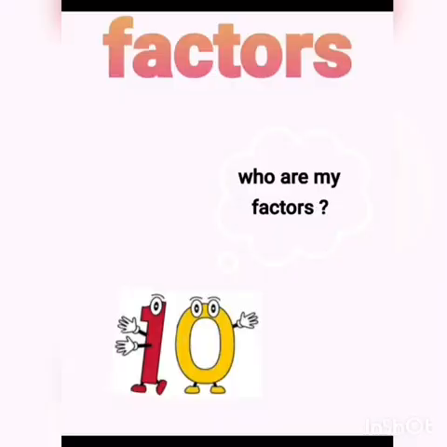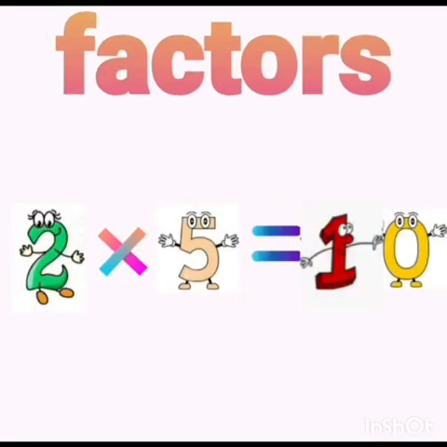So we know that factors are friends of a number. So 10 once wanted to find out who are its friends. So 10 started thinking, who are my factors? Now we know that 2 and 5 are multiplied to give 10. So 2 into 5 is 10. So 2 is a factor of 10.